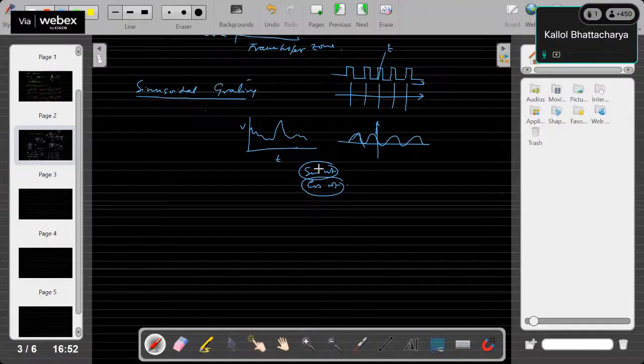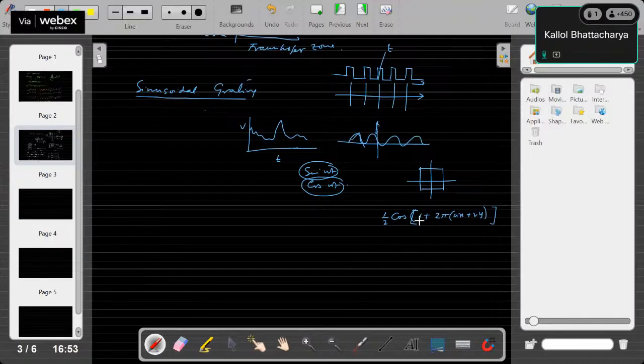In case of an object where you have x and y, the basic unit is a grating, which is given by half into 1 plus cos of twice pi (ux + vy).